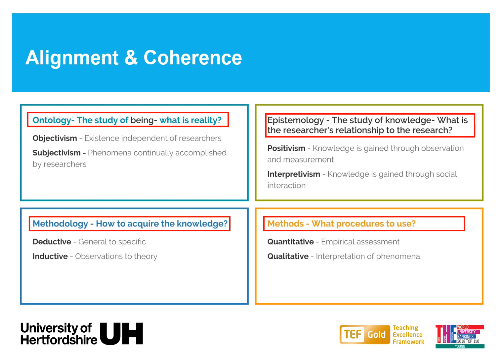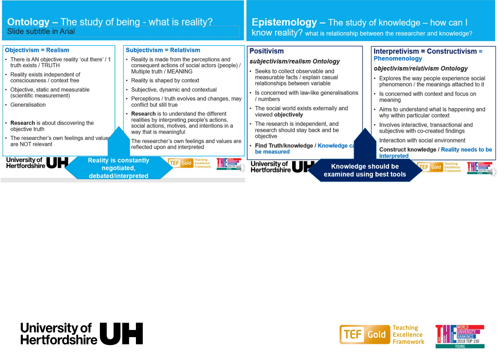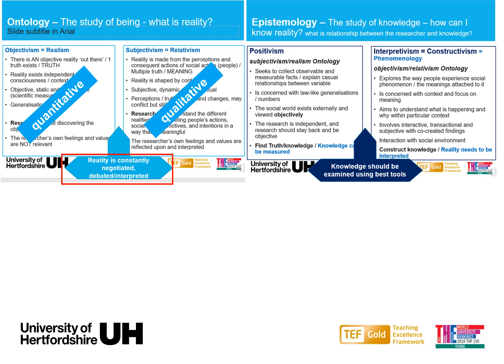So alignment and coherence is the key, as we mentioned before. There's a clear philosophical underpinning of quantitative and qualitative research. Objectivist ontology is related to quantitative research, while a subjectivist ontology is qualitative. But there's always one in the middle, where instead of believing there's only one reality, there are probably multiple realities or truths.